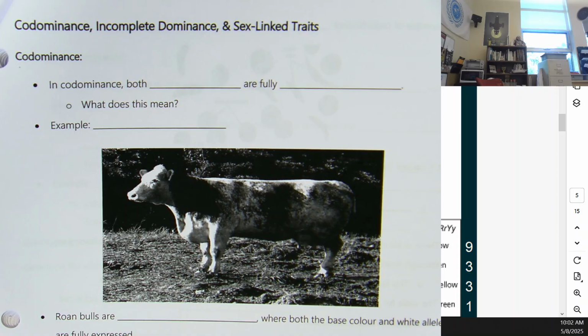If we took two heterozygote parents and bred them together, this would be the resulting population distribution for the offspring, where you'd get 9 out of the 16, 9 sixteenths, that's not a reducible fraction, would be yellow and round. 3 of them would be green and round. 3 of them would be yellow and wrinkled, and then 1 of those 16 offspring would be wrinkled and green.